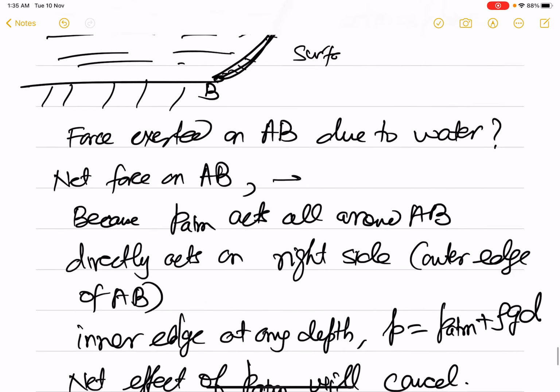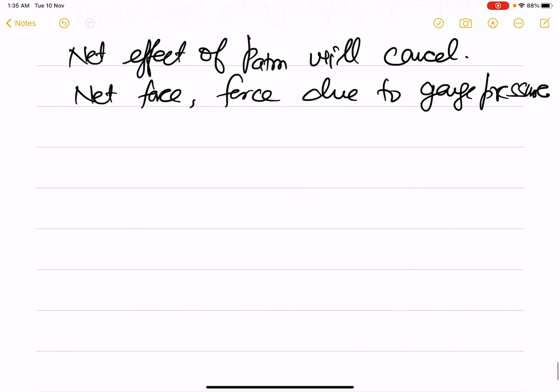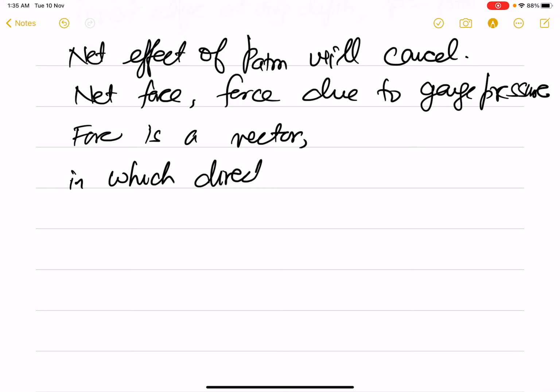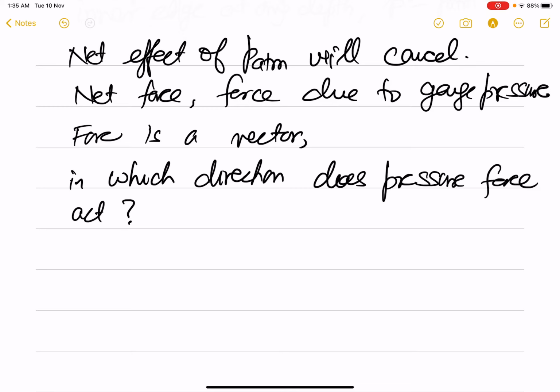So now if we have to find this force, what we realize is force in general is a vector. So in which direction does pressure force act? And the answer to that is it acts in the normal to the surface direction.